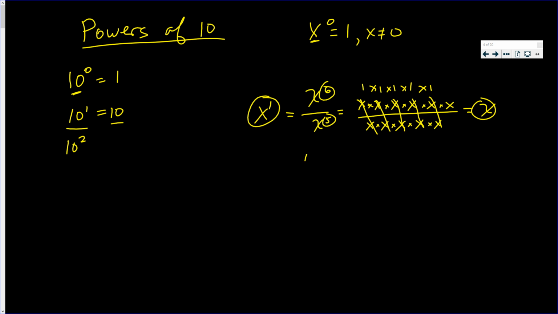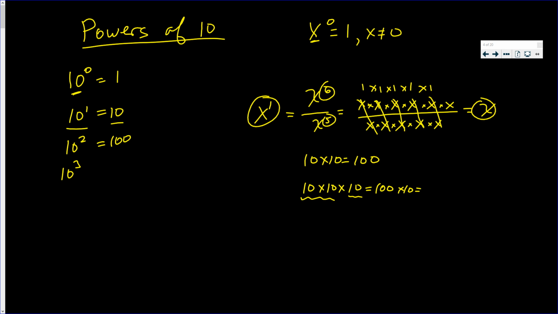10 squared. Well, that means 10 times 10, which we know is 100. 10 cubed is 10 times 10 times 10. Well, we just did 10 times 10, it's 100, times another 10.